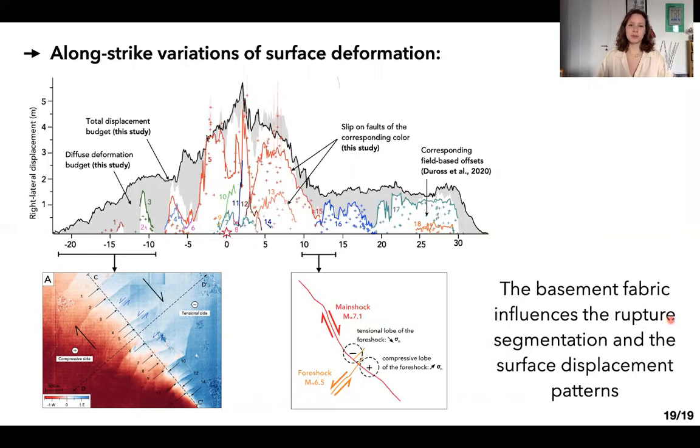And also that this segmentation is strongly influenced by the basement fabric, because to the north the basement fabric ruptures to the surface and accommodates diffuse shear through bookshelf faulting, but also because the basement fabric orientation is responsible for the location of the foreshock and for the influence that the foreshock has on the mainshock displacement pattern.